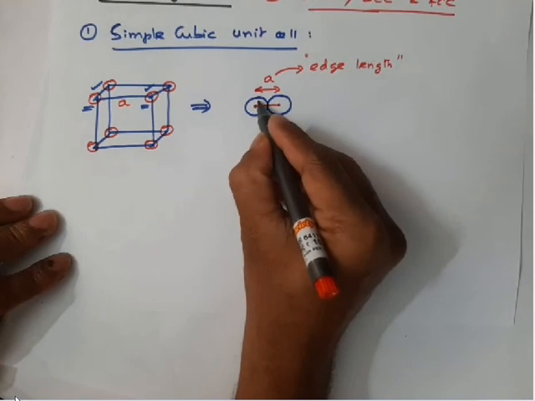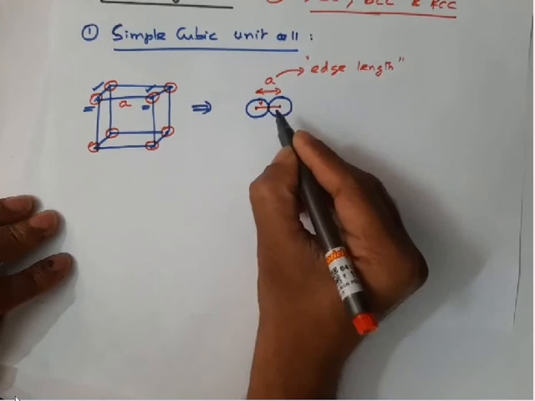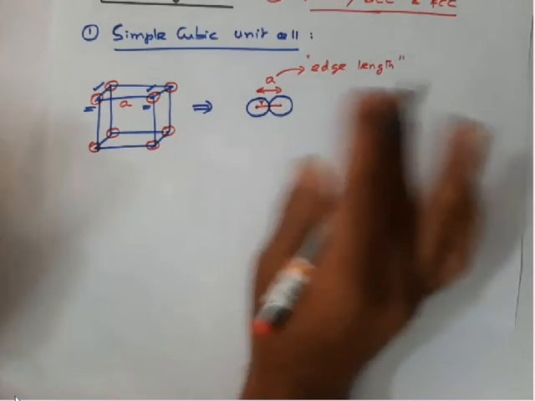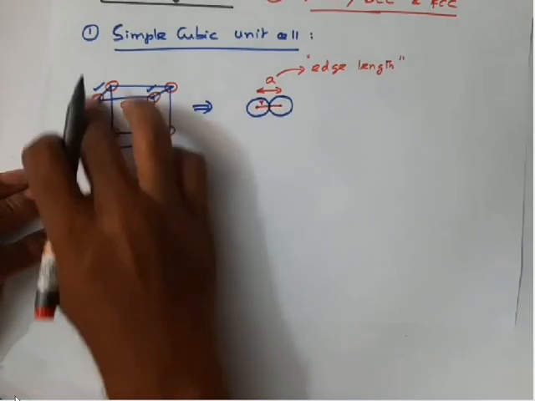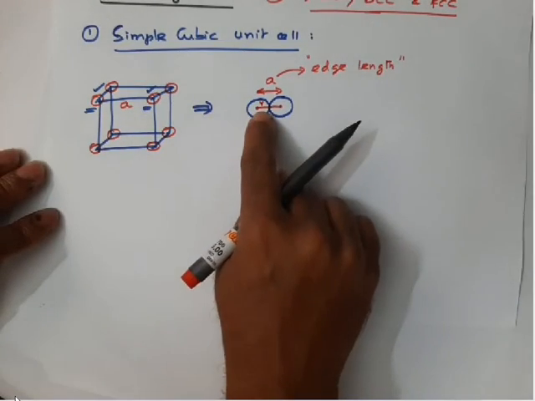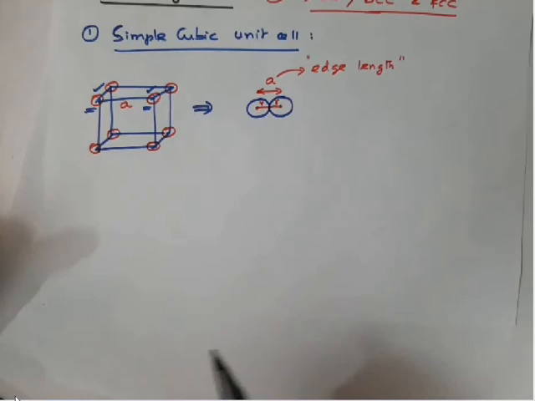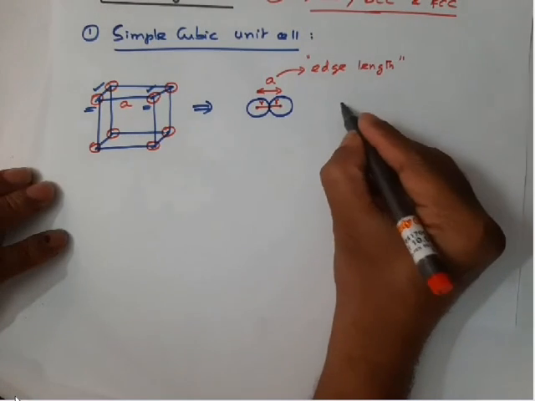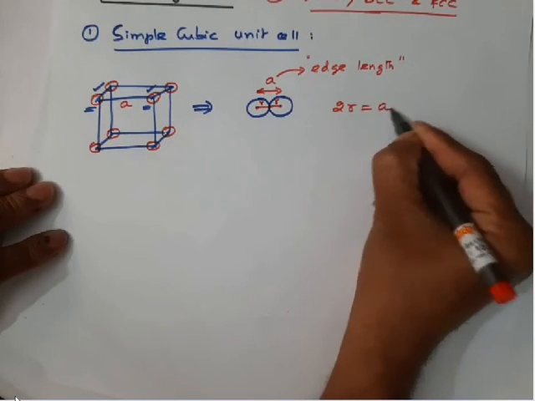So if this radius is r, assume that the two atoms are the same atoms. Assume that all the 8 atoms are similar. In that case, the radius of this atom and the radius of this atom are the same. Therefore, I can write 2r equal to A. Is it correct?